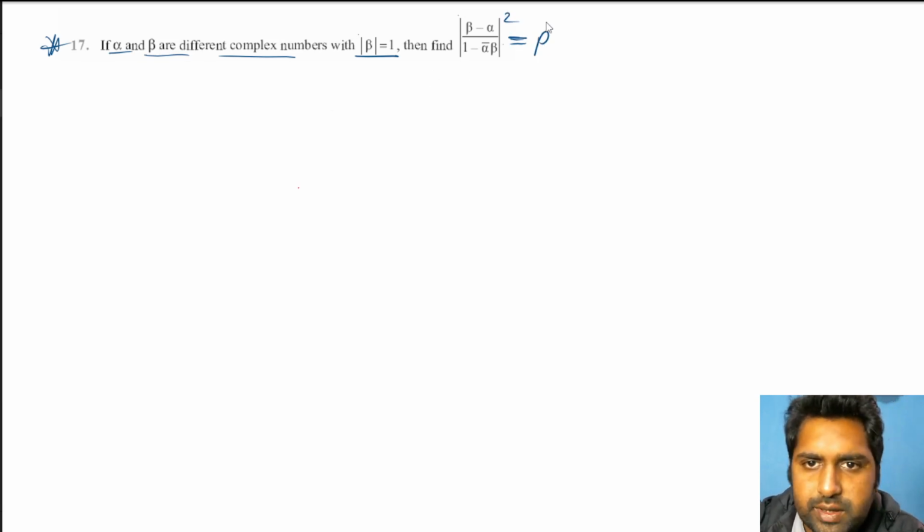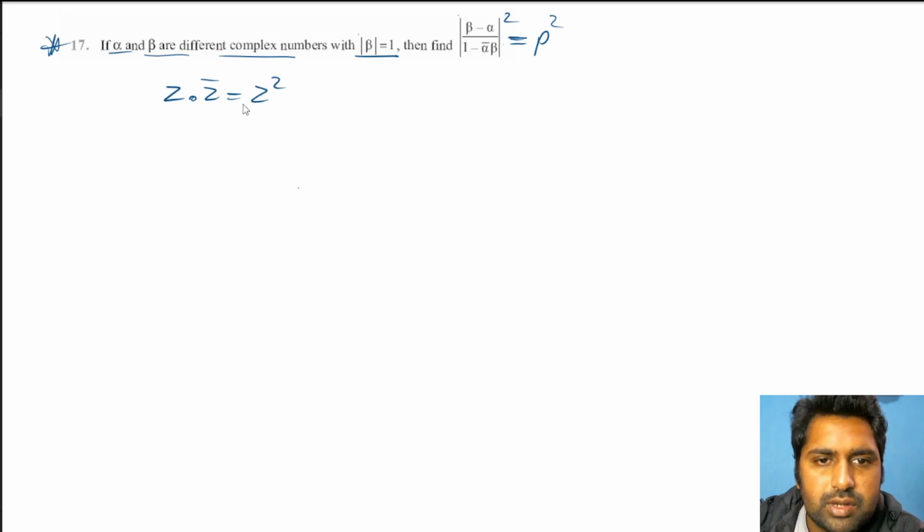Okay, and I'm squaring both sides. Now the idea is, remember one property that z into z bar is mod z square. So I'm using this in reverse, that modulus of this, beta minus alpha upon 1 minus alpha bar beta, is the product of the complex number and the product of its bar.